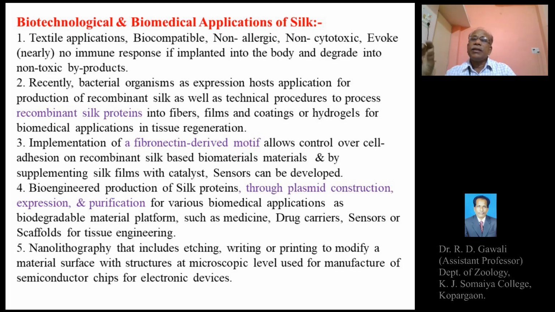Plasmids are circular DNA in which we can introduce the desired segment of DNA or genes, and these plasmids are then multiplied for transfer into a recipient cell or a bacterial cell where these genes can be expressed, and finally purification.